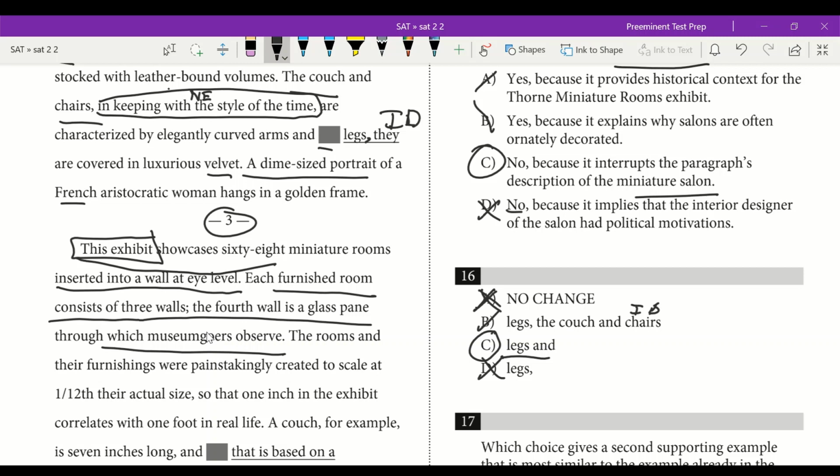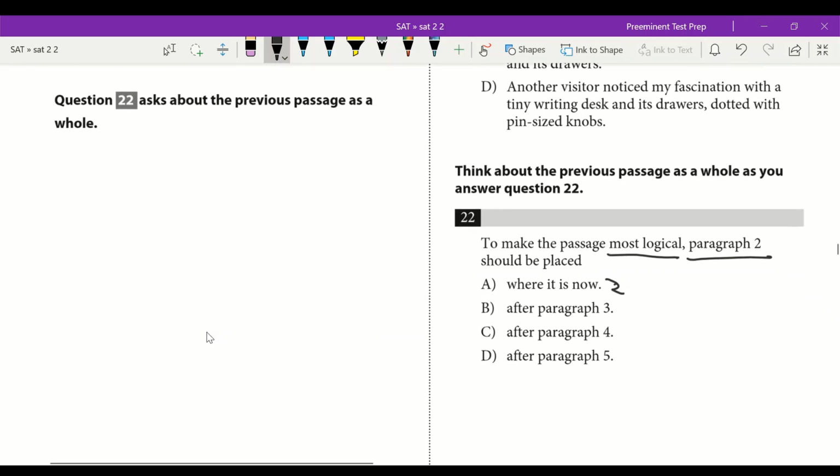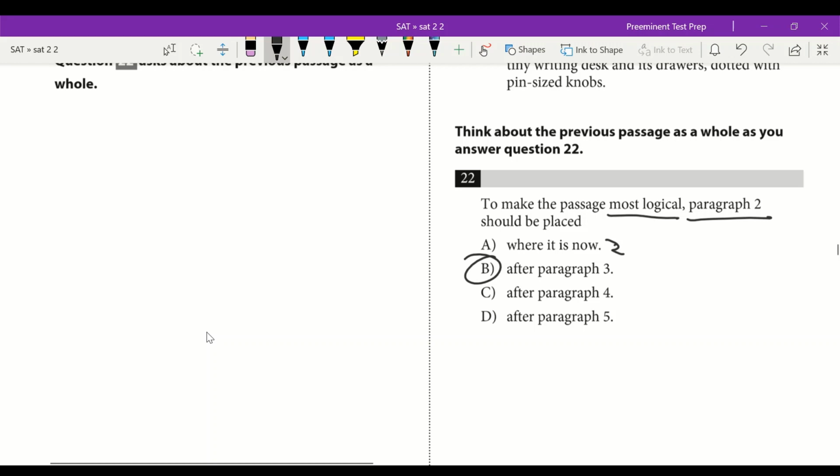And in here we see that she's just explaining it. We have the rooms and their furnishings were painstakingly created to a scale of 1/12 or actual size. So she's explaining that exhibit. We want to explain that exhibit before we go into specific details. So we know paragraph 2 is going to come after 3, so we can go ahead and answer that. So our answer is going to be B there.